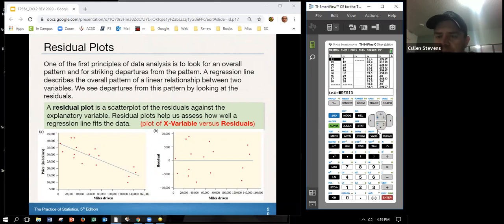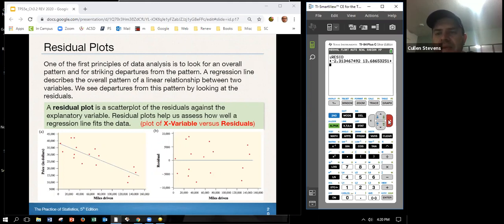I can go here and I can see that residual list. Now, I can, if I want to, just go to second list, residuals, and go here and see that kind of listed out. These are all my residuals that I have, and that's kind of hard to read them, right? Those are all the residuals.